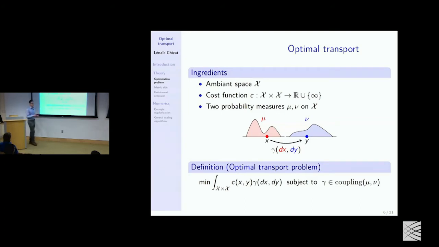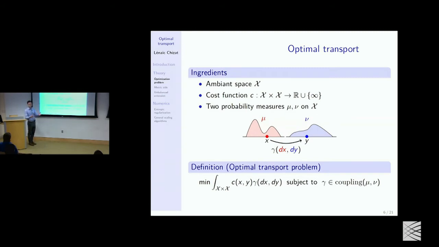So now I will have to decide on a way to describe what a transport plan between two measures is, using a mathematical object. And this object, I will call it gamma. It tells me how much mass in my plan of transport is moved from the point X to the point Y. So gamma of dx, dy tells me how much mass is moved from a little volume around X to Y. And with such a function, I can describe a way to move all the mass from mu to the mass of nu.